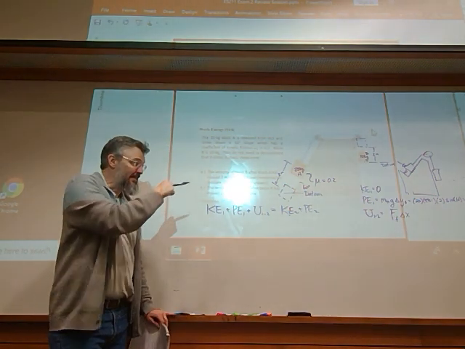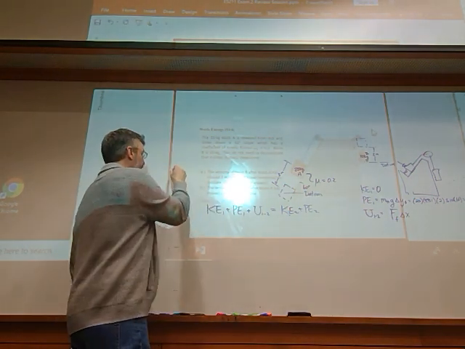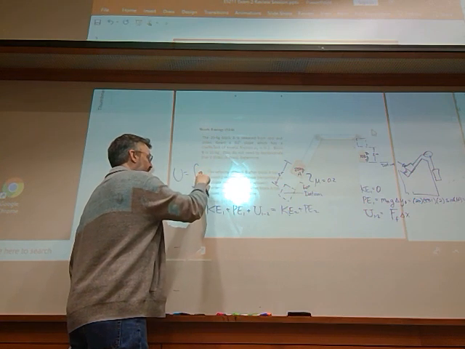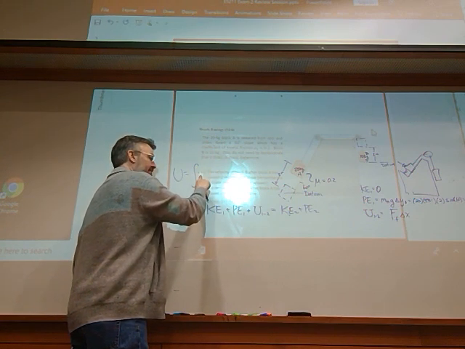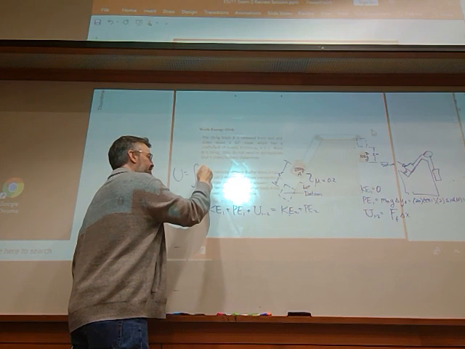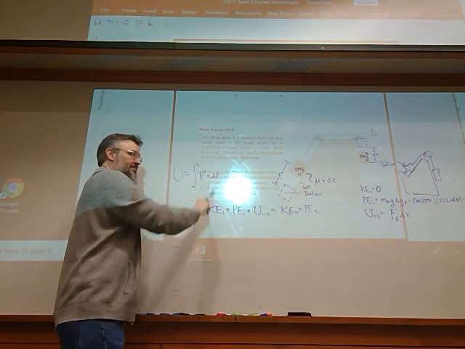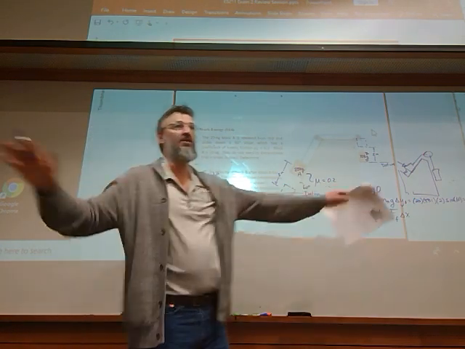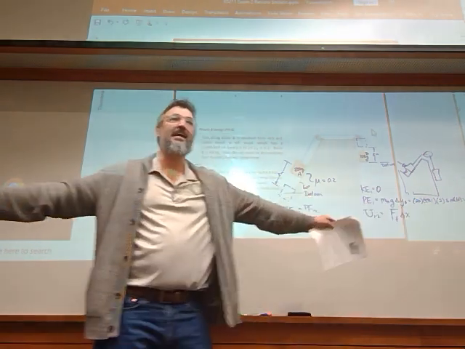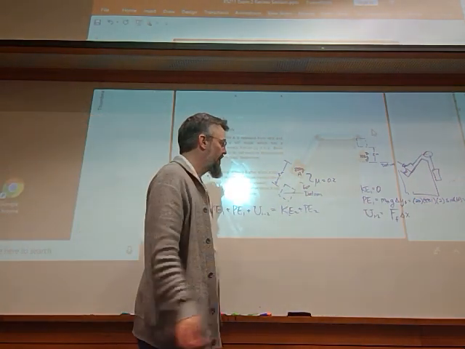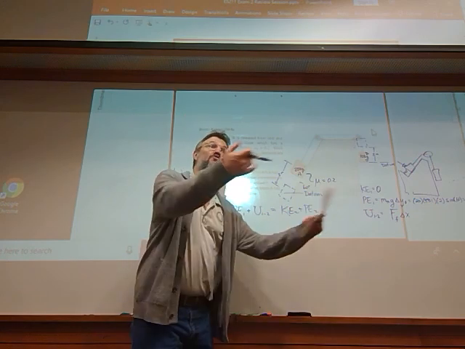The actual equation for this is the integral of F dotted dr. When you dot product something that's 180 degrees apart, it becomes negative. But you could also say that it's energy being removed.